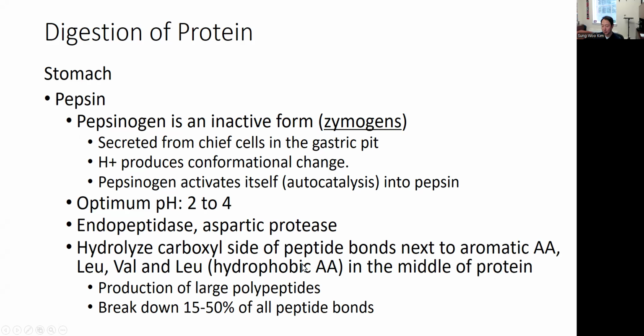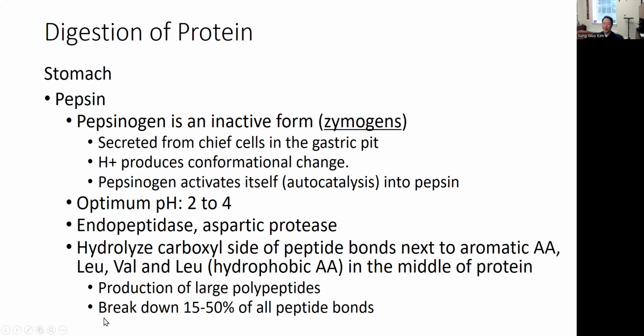More specifically, it will hydrolyze the carboxyl side of peptide bonds next to aromatic amino acids and branching amino acids in the middle of protein. So it will cut a very long polypeptide into shorter polypeptides, but they are still big. So the end product will be large polypeptides.